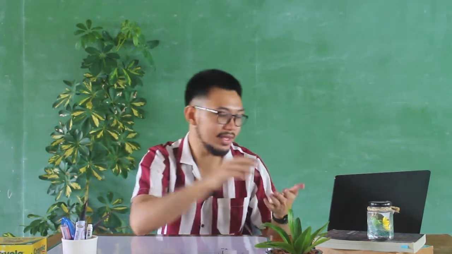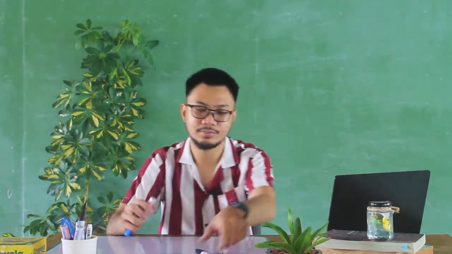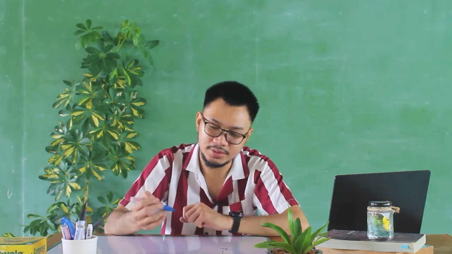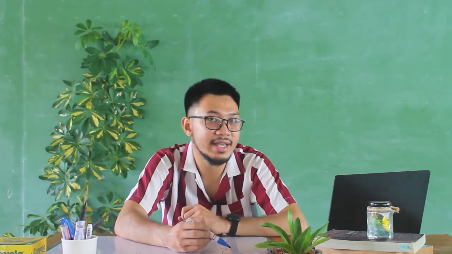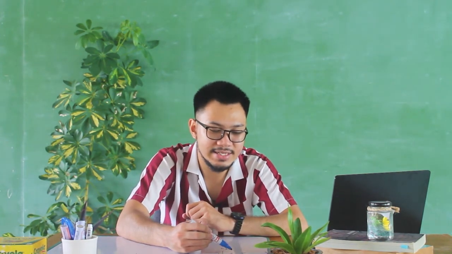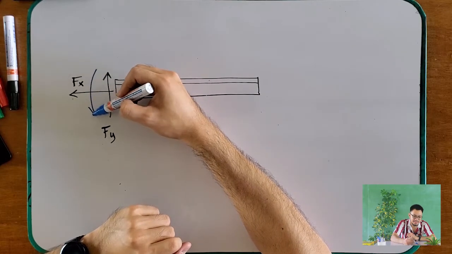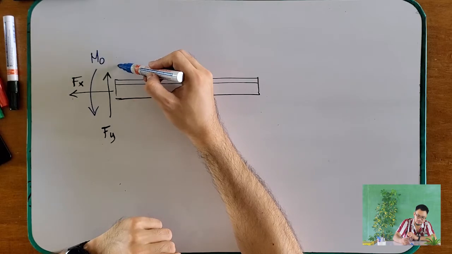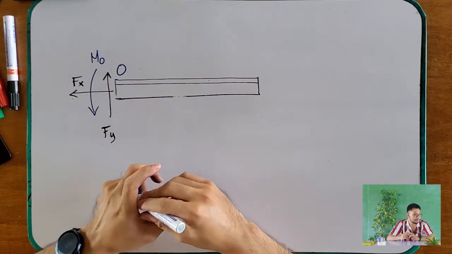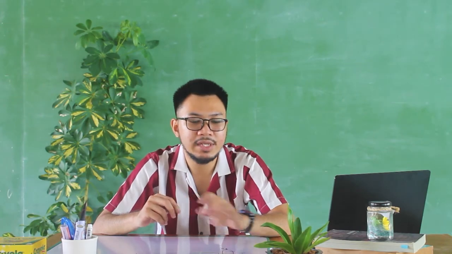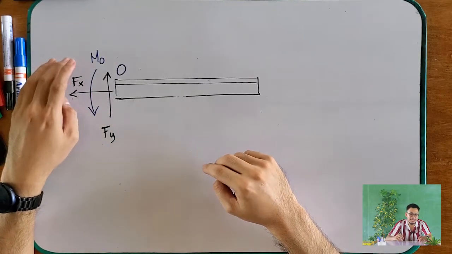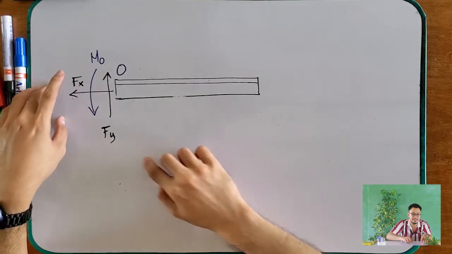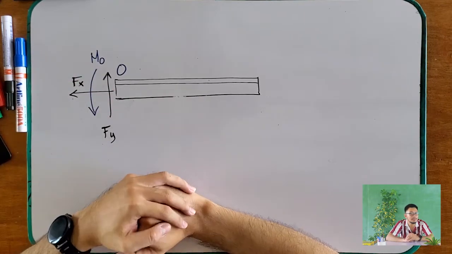Okay? So, therefore, sa imong fixed support, not only it restricts your X and your Y forces, it also restricts your moment. So therefore, kanusa man ni siya ma-achieve nga makuha nimo ang iyang mga X, Y, and moment?